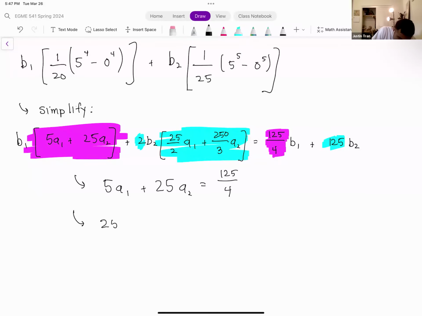So we have 25A1 plus 500 over 3 A2 is equal to 125. So what we have here, from our one integral expression, through clever use of the coefficients of the weighting function, is two equations to solve for our two unknowns.